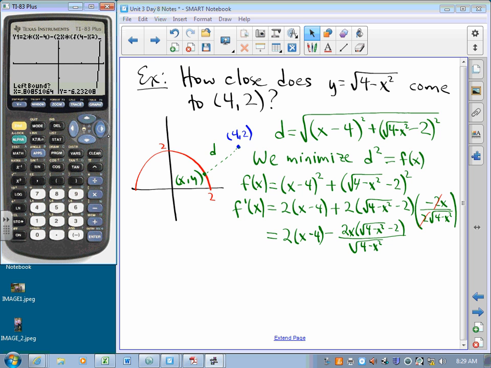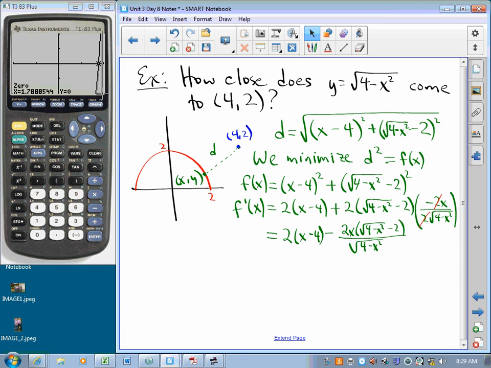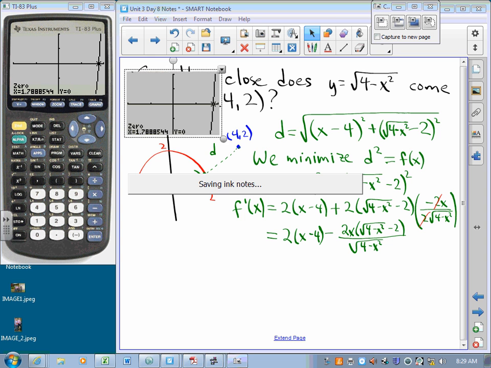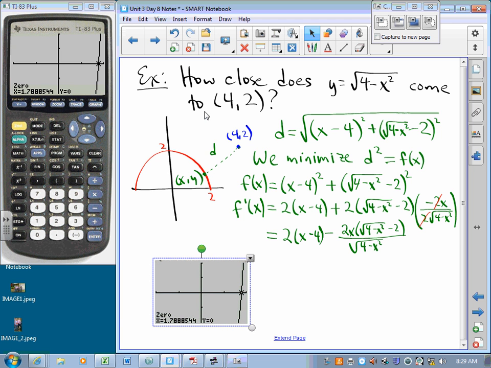So what have I got? I've got a root at x equals 1.789.